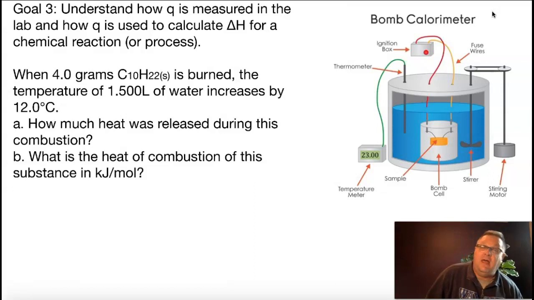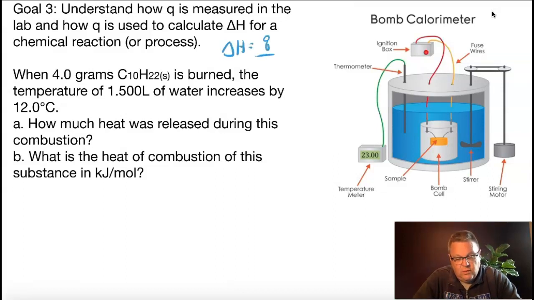Understand how Q is measured in the lab with a bomb calorimeter, and understand how Q is used to calculate delta H. Remember, delta H is Q per mole, and delta H is always from the system's perspective. So in the previous screen, delta H of a burning Snickers bar would be Q Snickers bar over moles of Snickers bar burned, okay? And because Q would be negative, your delta H would be negative, what you'd expect in a combustion. All combustions release heat, and therefore would have a negative delta H.